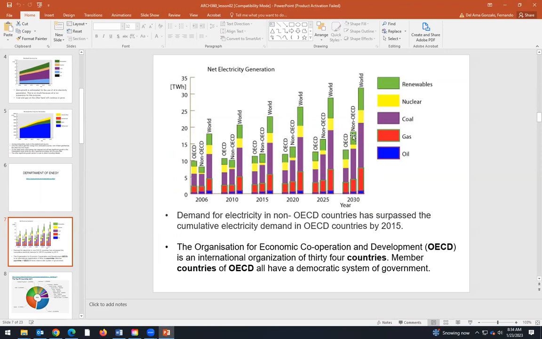As these countries become developed countries, they will need a lot of energy to achieve the accomplishments that OECD countries have made over the last decades. Is it something that we can control as architects? No, but we need to be aware of that.